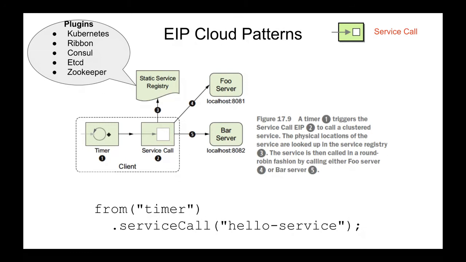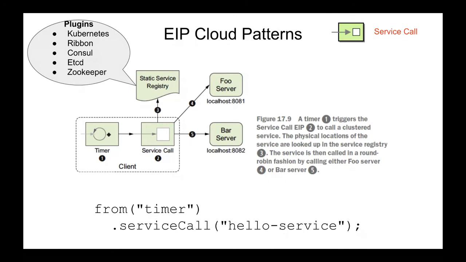Now, this pattern was created, you can say, a bit before Kubernetes kind of existed. Kubernetes has made it much easier to call services, so it might be obsolete and not so often usable when you use Kubernetes. But if you're not, you can still use some of the other service registries.